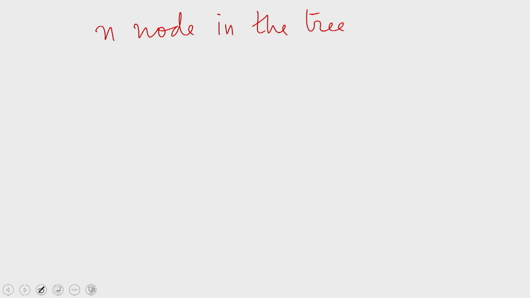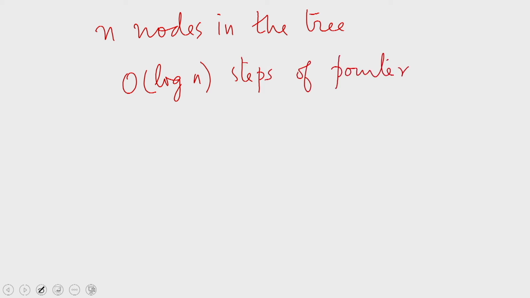As we have seen, we have n nodes in the tree. A tree is only a small part of the graph, so it can have at most n nodes. Therefore, you require order of log n steps of pointer jumping to reduce it to a star.